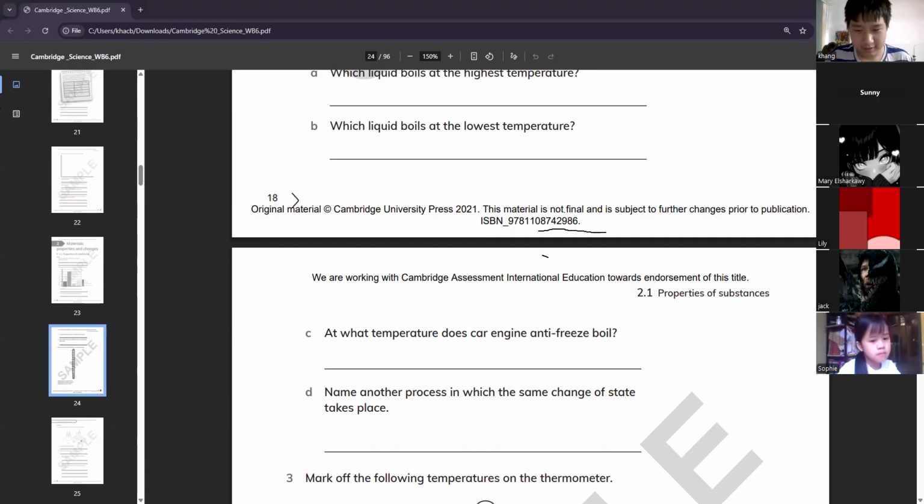It's not exactly the answer I was looking for. Can anybody try to tell me? Heating. What? Heating. Mm, that's the thing that's required for things to boil, but I want another word for it. It starts with an E.